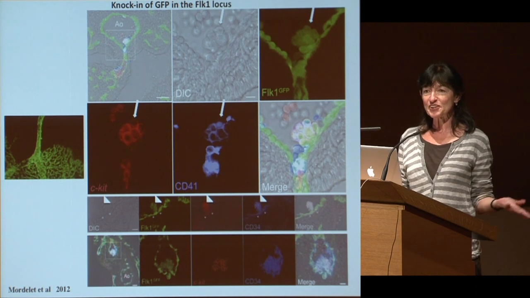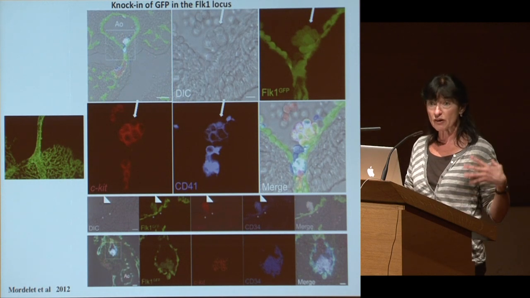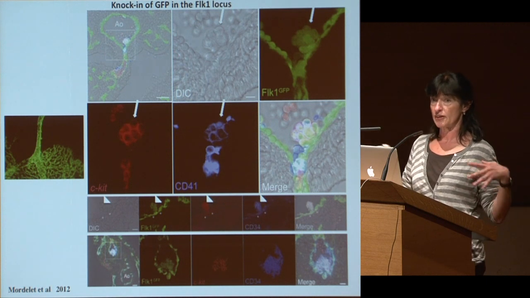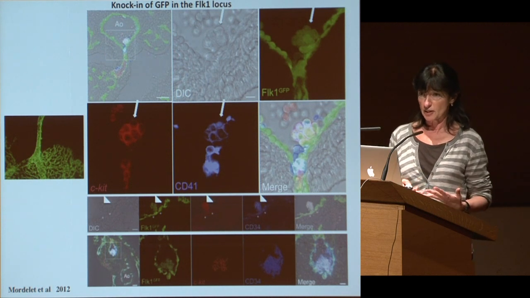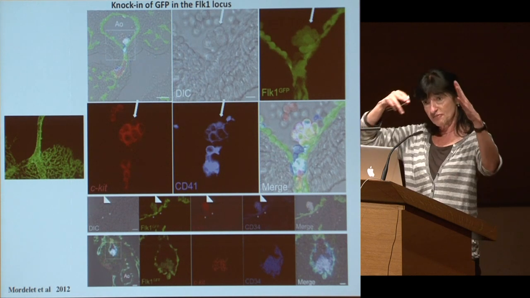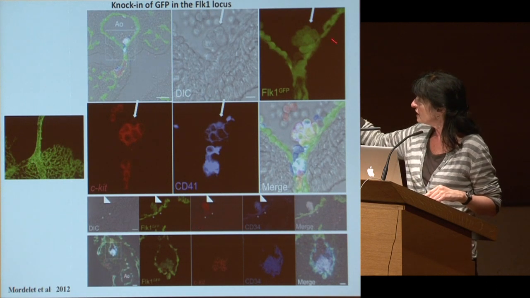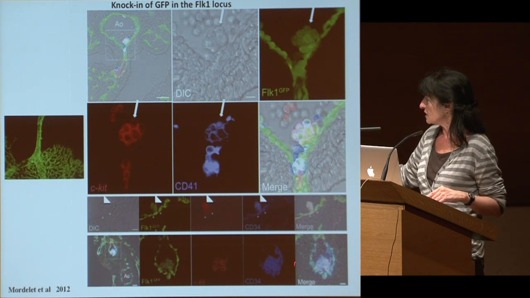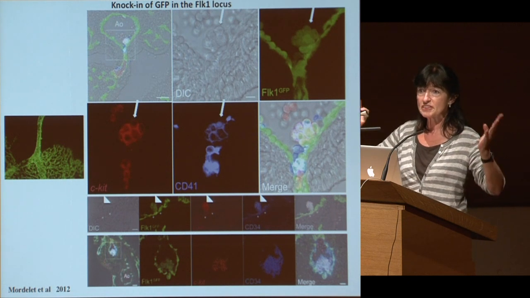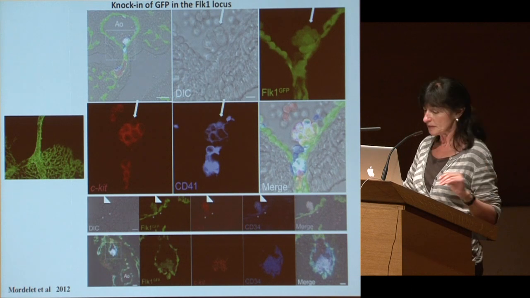So I would like to offer an alternative explanation to the fact that people found a lot of this very early hematopoietic progenitor activity in the yolk sac and in the placenta. I think this could be explained by the vessels that penetrate both the placenta and the yolk sac, where this activity is actually heavily seen. So this is a general property of the blood vessels, of major arteries in the embryo.